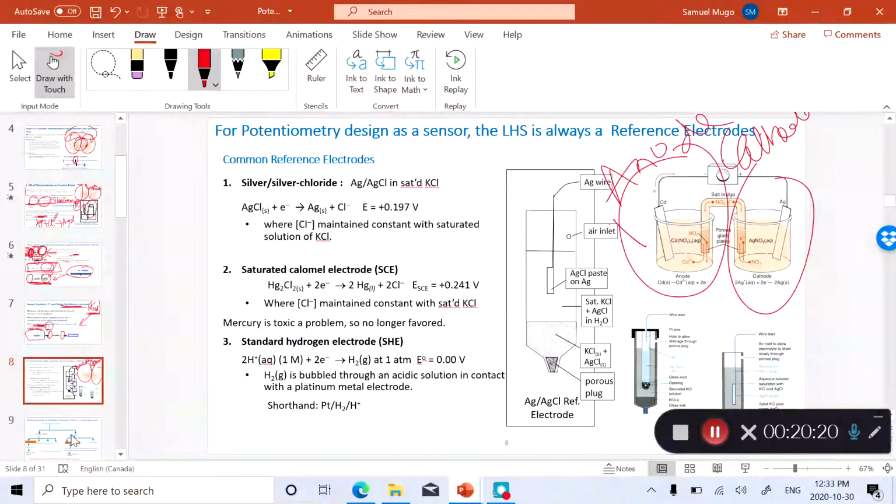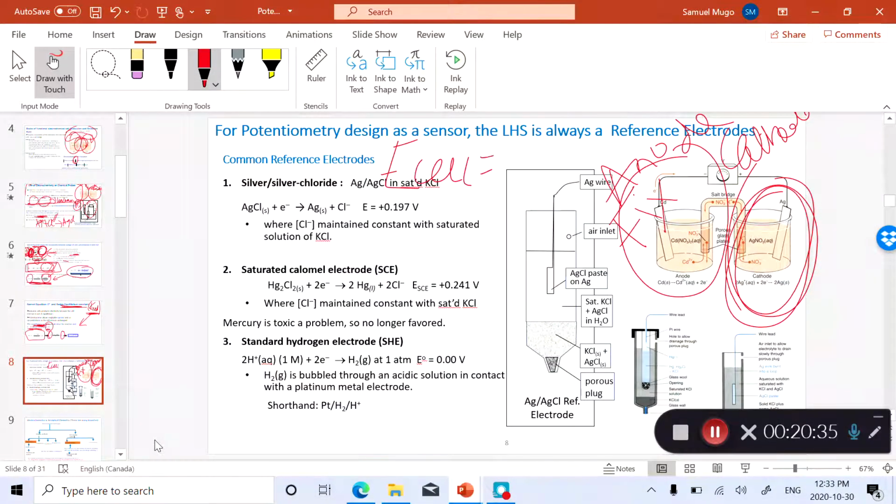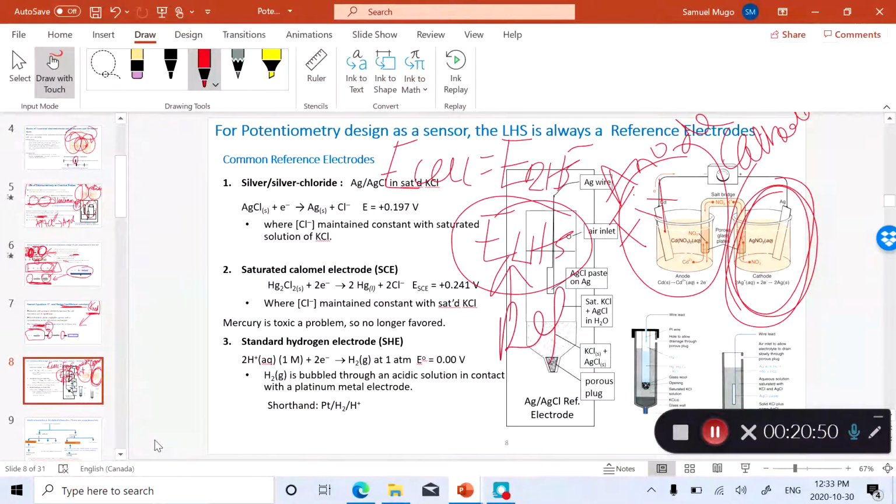So often we would fix this, so that the only thing that is fluctuating is what is on the left hand side, okay? And as such, we can get the E of the cell being equal to the E on the right hand side minus the E on the left hand side. And the left hand side is called a reference electrode.